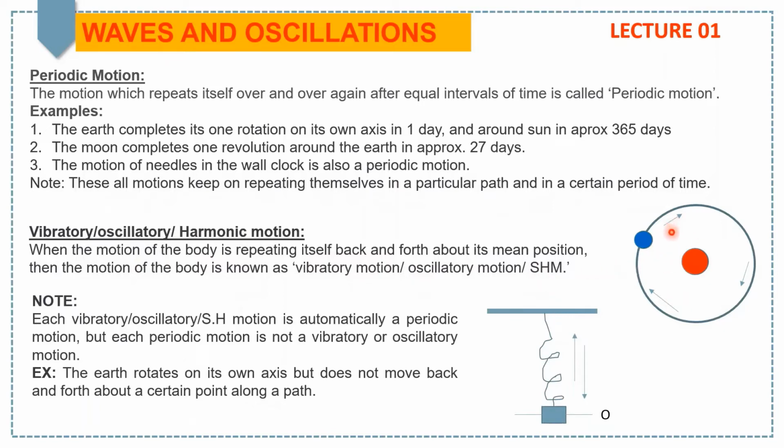Let's have a look at this example. That is the example of periodic motion, where a planet moves around the sun in a specific path over and over again, but in equal intervals of time. But this is not the case when we have the example of a mass attached to a spring, and the spring is further fixed to a ceiling, wall, or something.